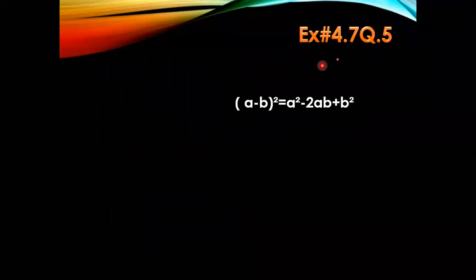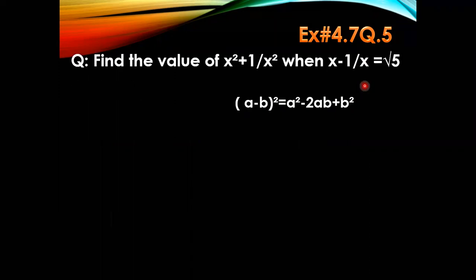Again, exercise 4.7, question number 5. I am repeating again, we are doing question number 5 from exercise 4.7. Okay, now look here again. What you have to find out here is the value of x squared plus 1 upon x squared when x minus 1 upon x is equal to under root 5.